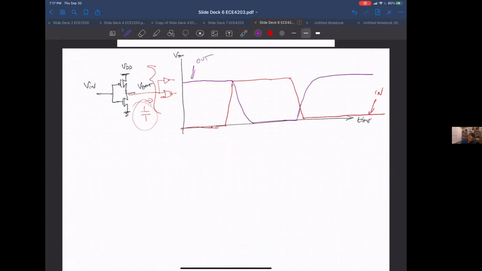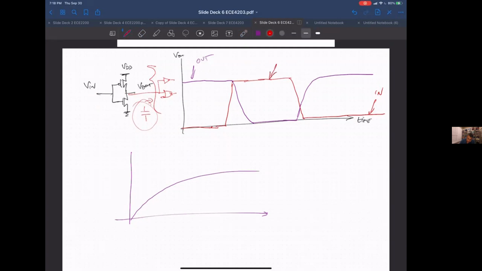So let me draw that. It has a certain VGS, say 1 volt across it. It's easier to show you in the NMOS case because that way we won't get confused. So let's think of here when VN is high.